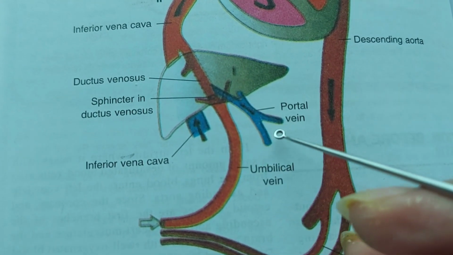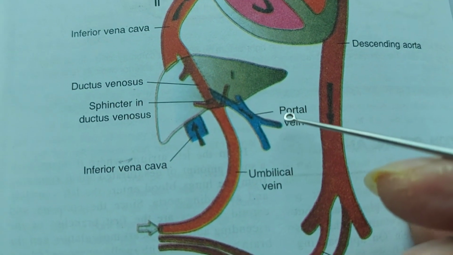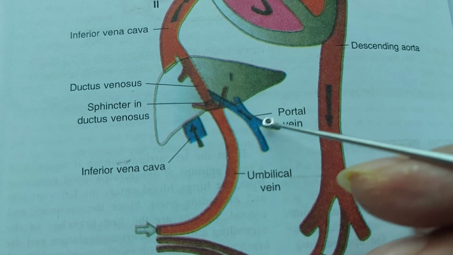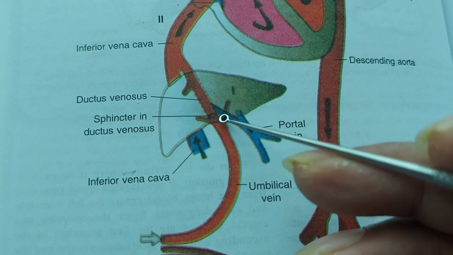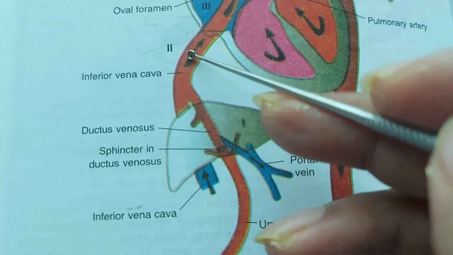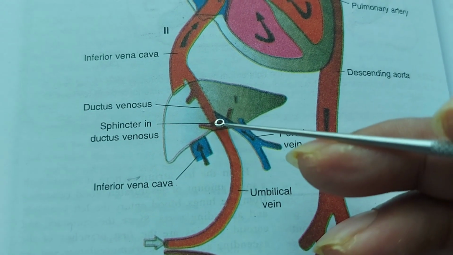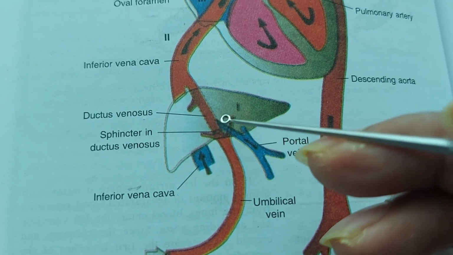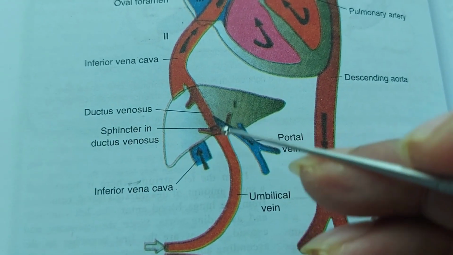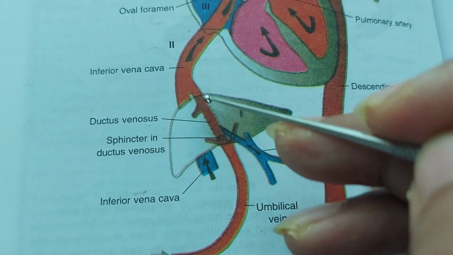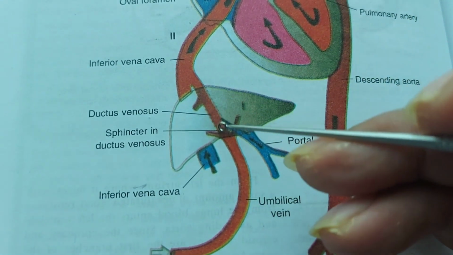And from the fetal abdominal part, the deoxygenated blood comes to the liver through the porta hepatis. And finally, all this blood comes into the inferior vena cava. And all the oxygenated blood that comes to the liver, from here, the oxygenated part of the blood enters into the inferior vena cava through a connection.